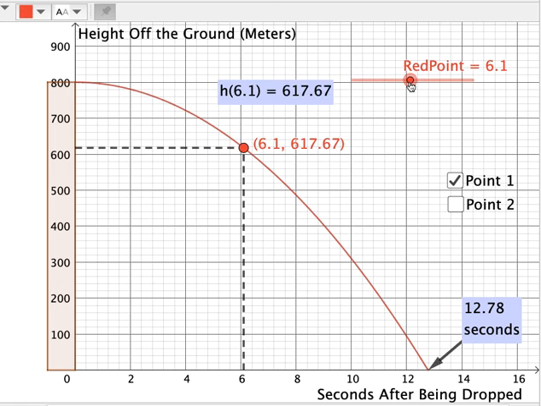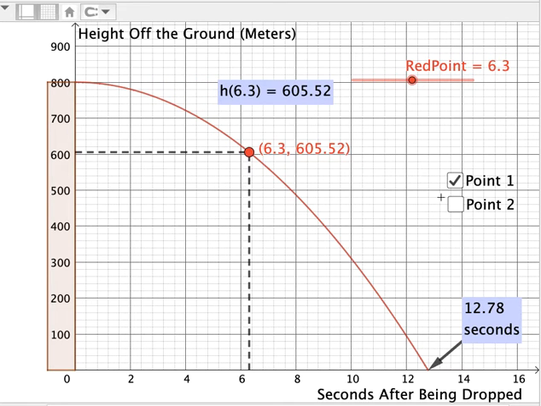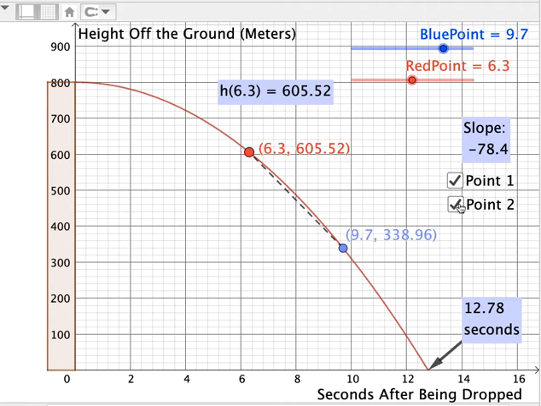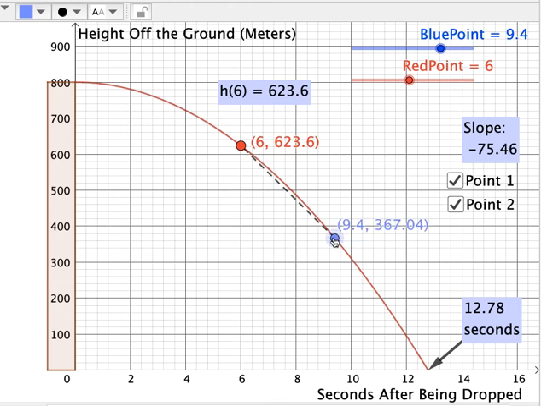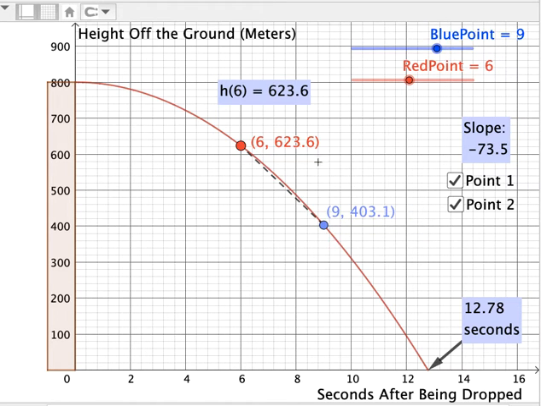Okay, so one of the other things that we can do here is we can add a second point. And so we can see that when, let's say, x is 6, the ball is at a height of 623.6 meters off the ground. When x is 9, we're now 9 seconds after being dropped, and it's 403.1 meters off the ground. Well, I connect these two here.